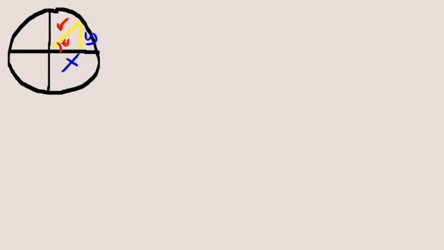For sine, di ba, it is opposite over hypotenuse. Our opposite is y, and our hypotenuse is r. So this is our ratio of the sine if the given radius is not equal to 1.